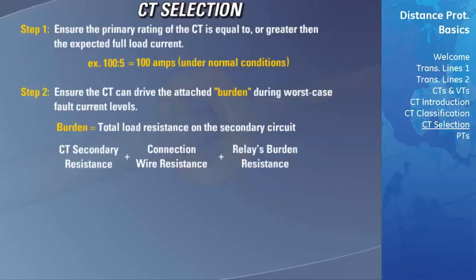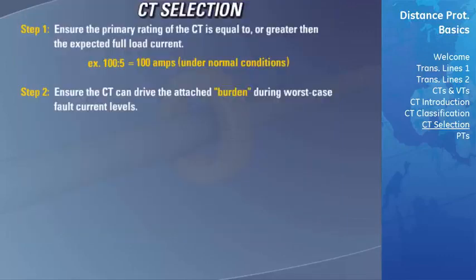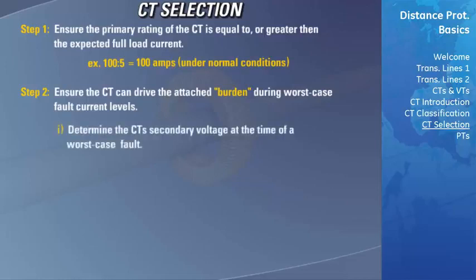As explained in the previous section, a CT becomes saturated when the current and voltage secondaries reach the knee point of the excitation curve. To determine whether the CT can drive the attached burden under worst-case fault conditions without saturating, we must determine what the CT's secondary voltage will be at the time of this fault.